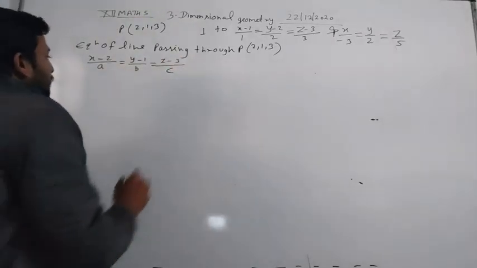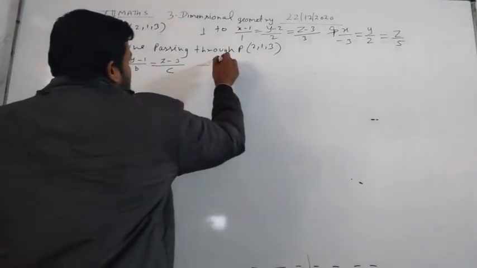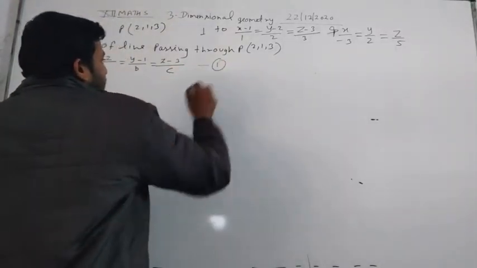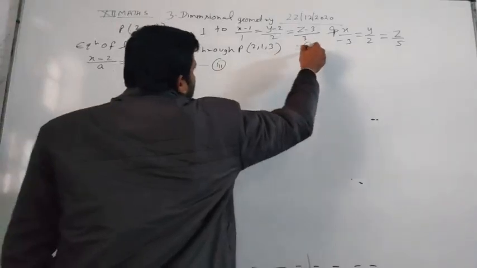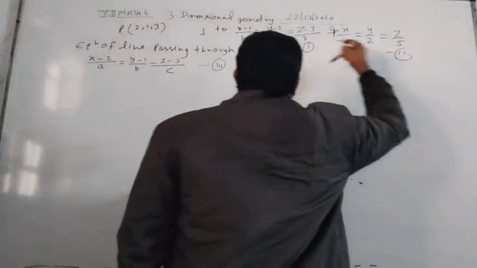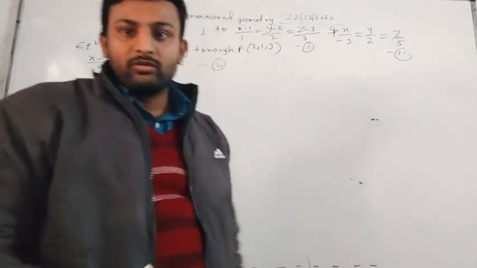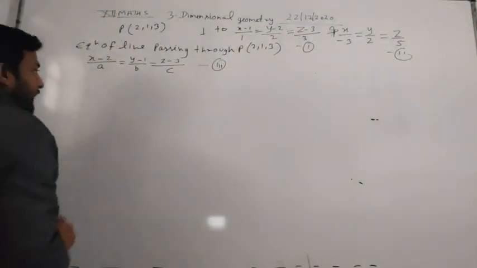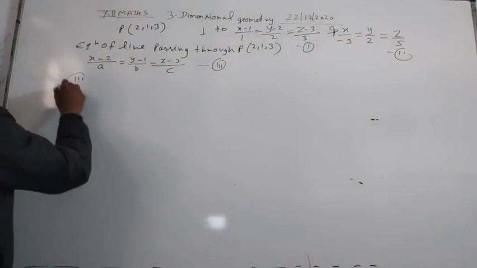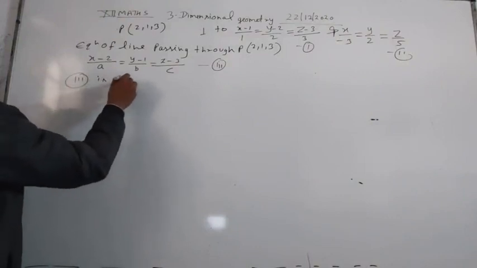Okay, so this is the equation of the line which is perpendicular to equation 1 and equation 2. Okay, so we write equation 3 is perpendicular to equation 1.